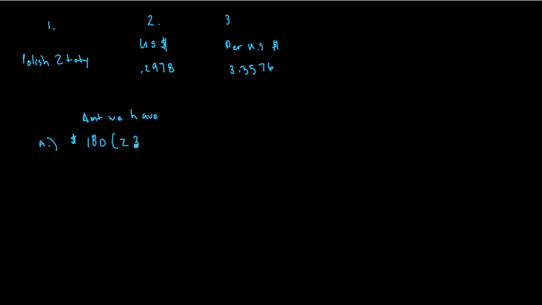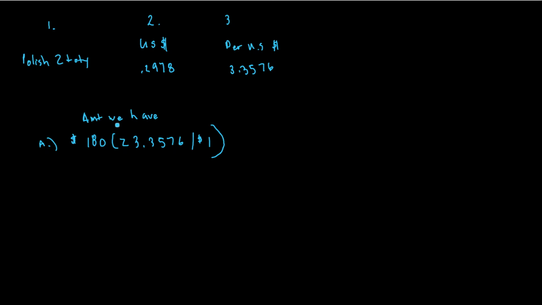So we're going to multiply that $180 by the exchange rate of 3.3576 Z per $1. Basically, for every 1 US dollar that we have, we can get 3.3576 Polish zloty.